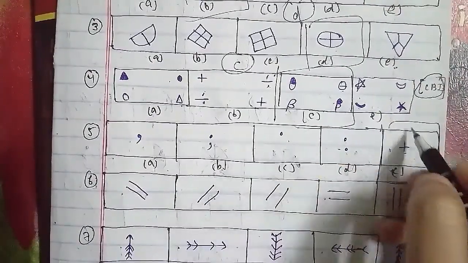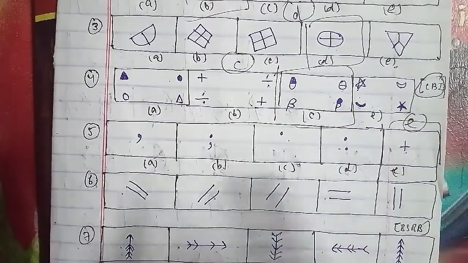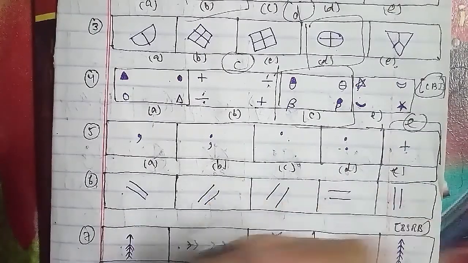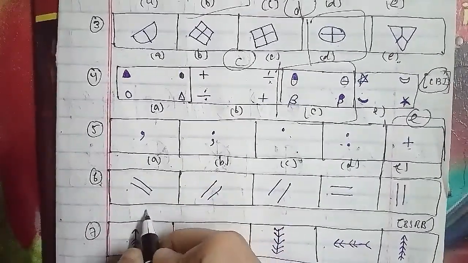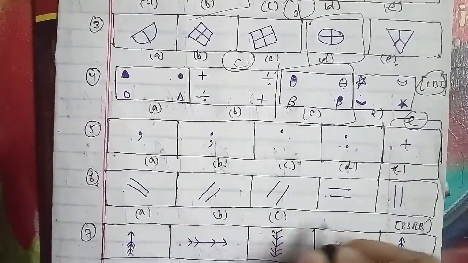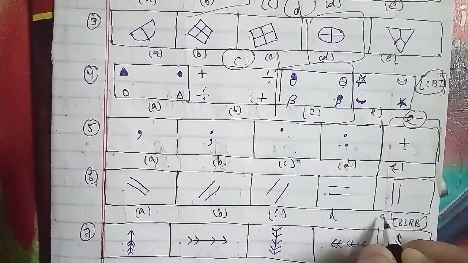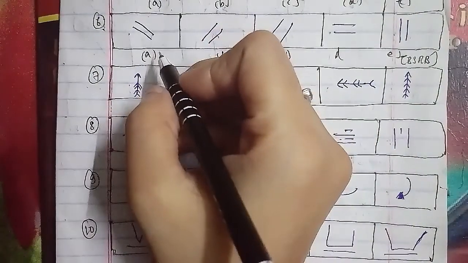We'll talk about the 7th question of the session. As you can see, we have 5 arrows here: A, B, C, D and E. They are in different directions. As you can see, this is upward, this is rightward, this is downward, this is leftward, and this is upward as well. This has been asked in the BSRB question paper as well.